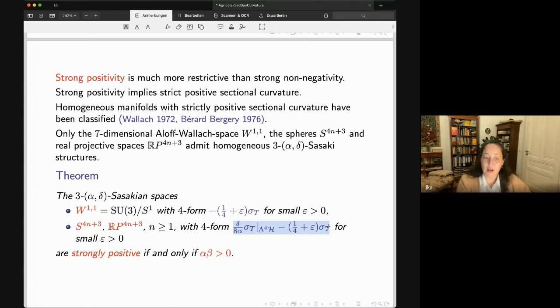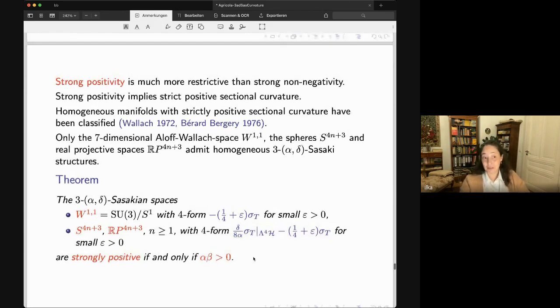Where's the difference? Well, for the Aloff-Wallach space, we can prove that we can choose omega to be 0. And for spheres and projective spaces, we can say explicitly what to take, namely it's a version of the sigma t, which is then restricted to some subspace. So we can write it down; it depended on this 4-form on the quaternionic Kähler base. And now if you want to apply the theorem, you need to find examples where you can make it happen. So this is the situation.